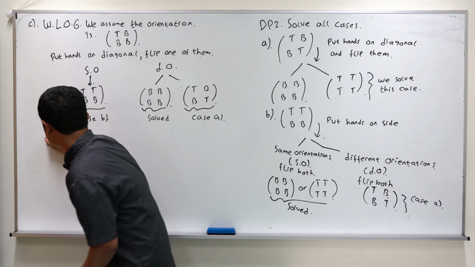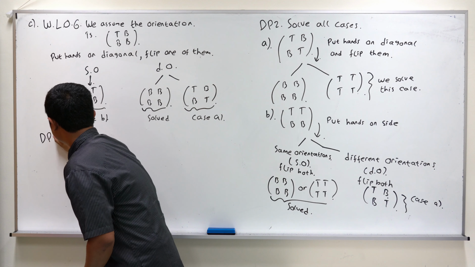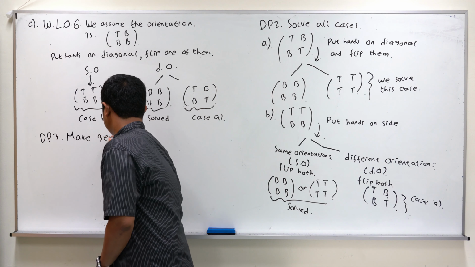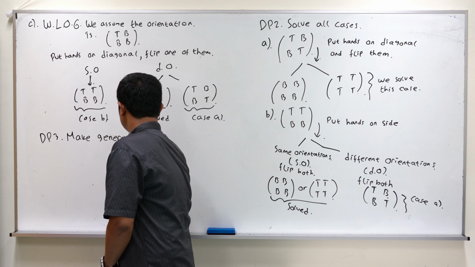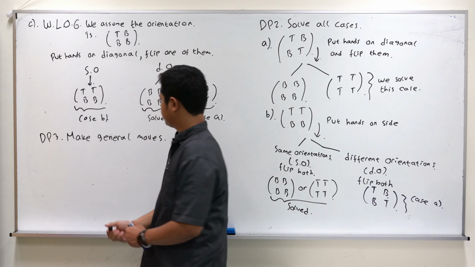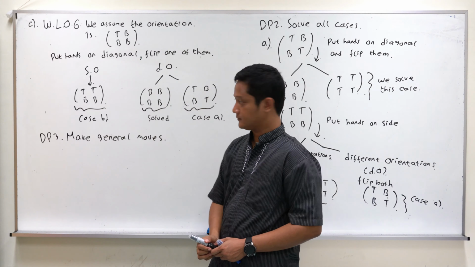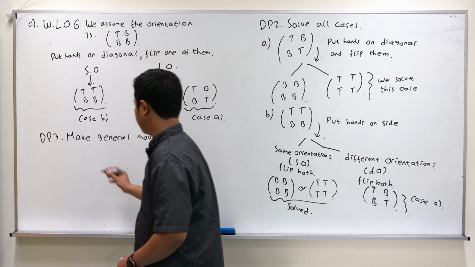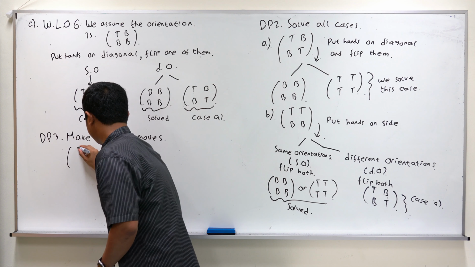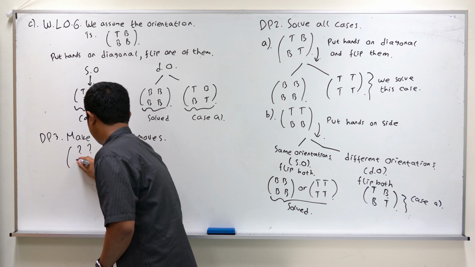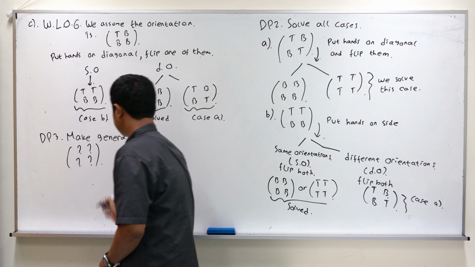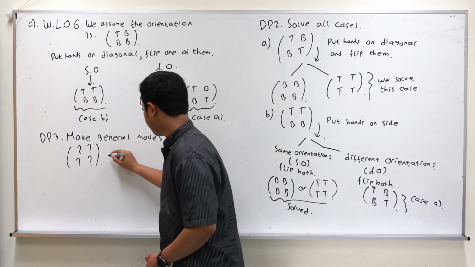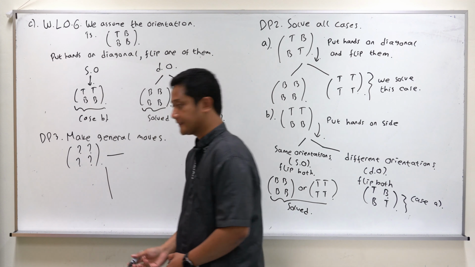Devise plan 3. So we make general moves. For example, if we have this one, I put a question mark because I don't know. So there are two cases.